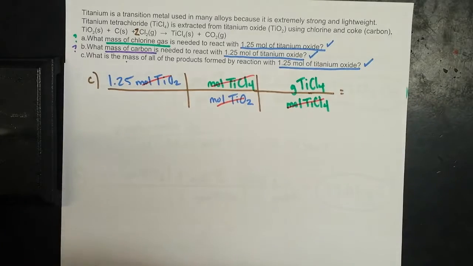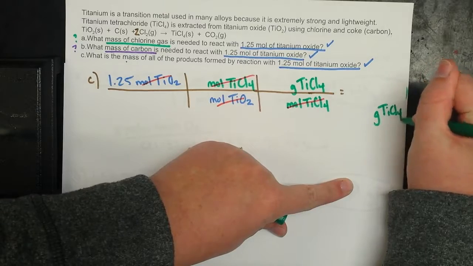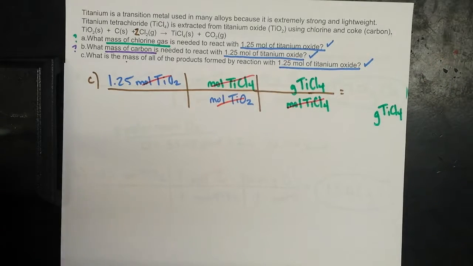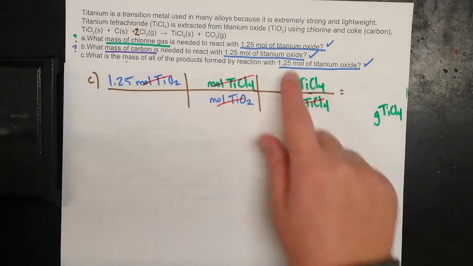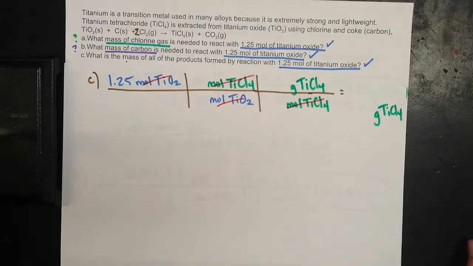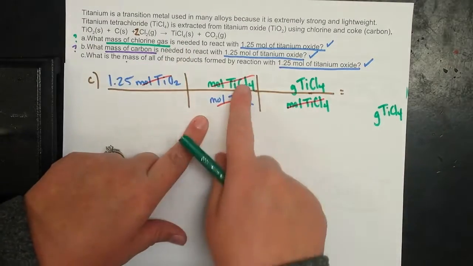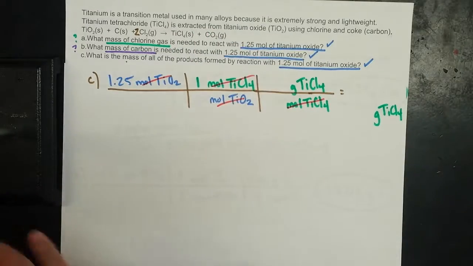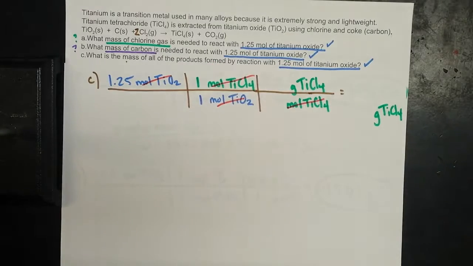So I'm going to go ahead and put that in my answer, and then do the math. I need to fill in my conversion factors here. So I need to take the coefficients from the balanced equation. I see that there's 1 mole of titanium tetrachloride formed for every 1 mole of titanium oxide that reacts.